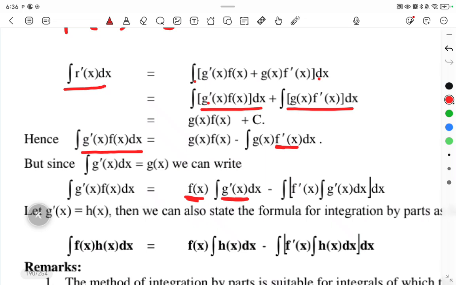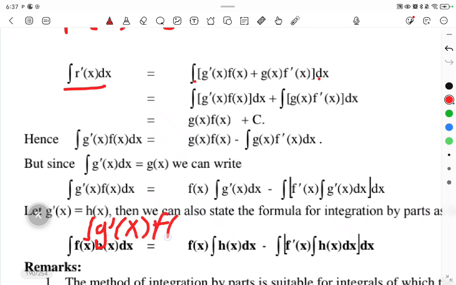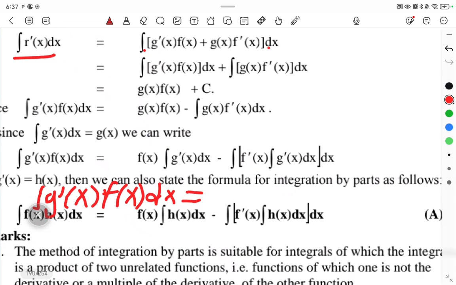So in other words, I'm writing it like this: this is equal to f(x) times the integral of g(x) dx minus the integral dx.